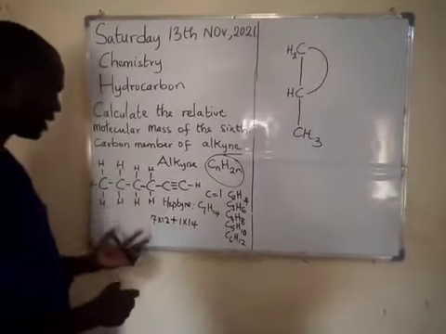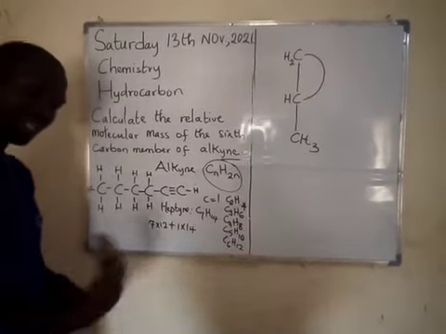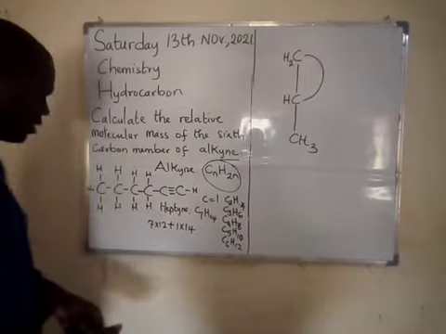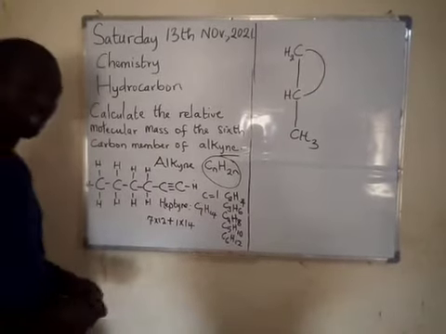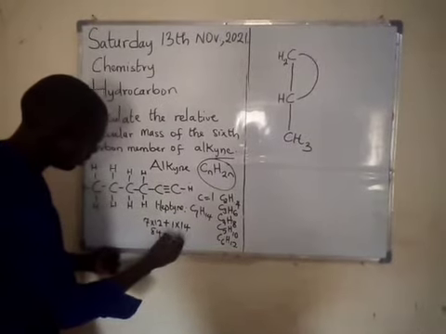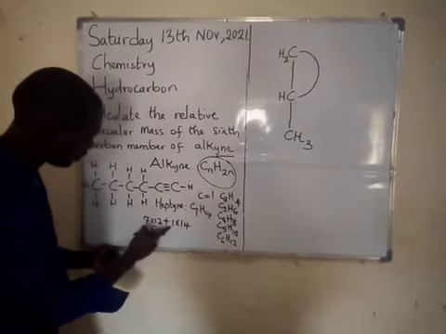If you multiply 7 by 12, 7 by 10 gives you 70, then 7 times 2 gives you 14. 70 plus 14 will be 84.